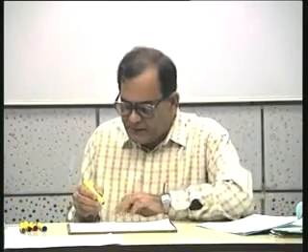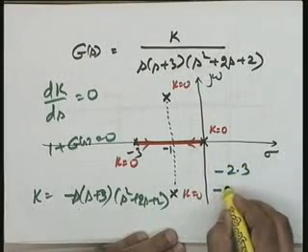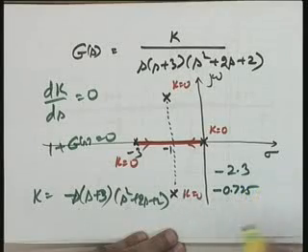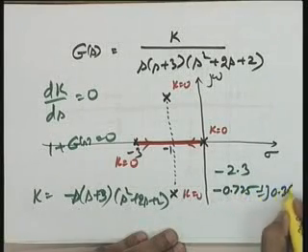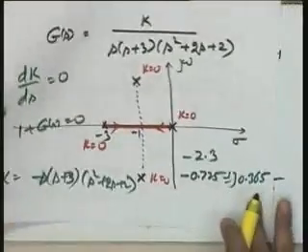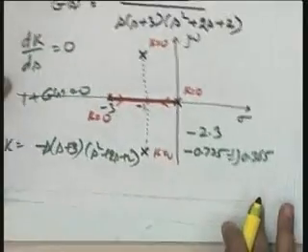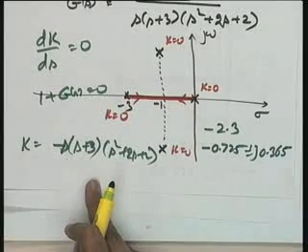The answer available with me is, for example, the complete answer: minus 2.3, minus 0.725 plus minus j 0.365. These are the roots of the equation dk by ds equal to 0, which is a third order equation.